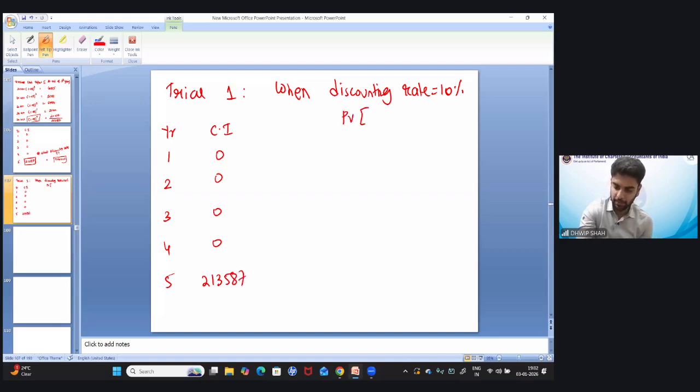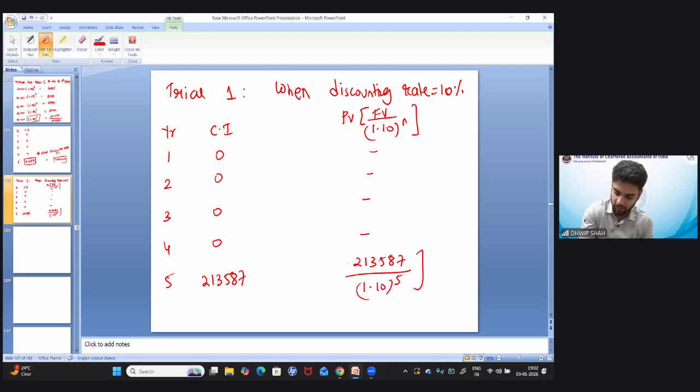I need to find the present value, which is nothing but future value divided by 1.10 raised to n. So can I say ये सब तो zero ही हो जाएंगे, because numerator is zero, and here it would be 213,587 divided by 1.1 raised to 5.